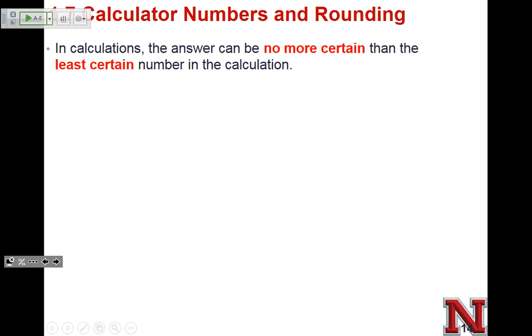So I might have a more sensitive measurement, but when I'm using multiple measurements in a calculation, my calculation is only as good as my least sensitive measurement because I cannot make up numbers that I didn't actually observe. So that's where these rules are coming from. The fact that if I'm measuring something with a certain size ruler, that's as certain as I can be. I can't make up numbers that I didn't actually physically do.